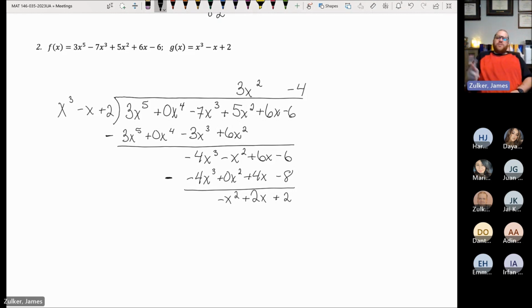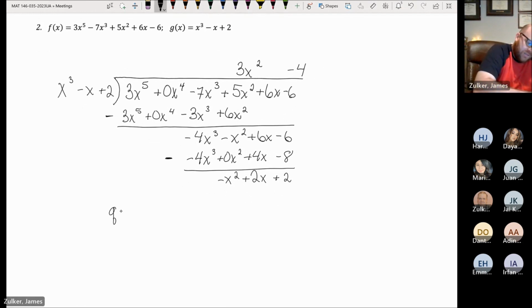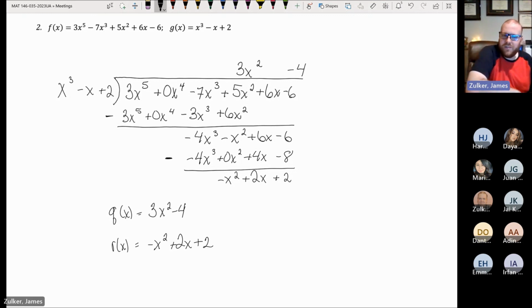Is that degree smaller than the degree of the divisor? All right, so we're done. Quotient is 3x² minus 4. Remainder is -x² plus 2x plus 2.